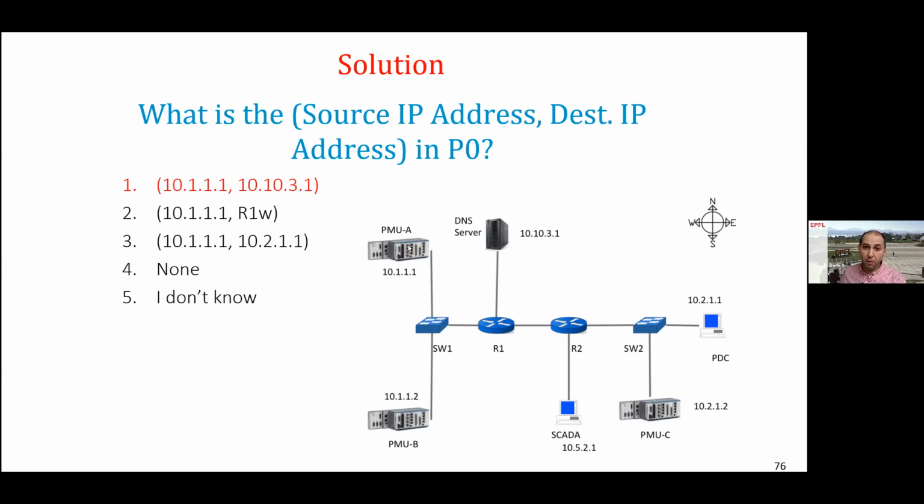Again, the end-to-end of the DNS request is PMU A and the DNS, so the message should carry the IP addresses of these two machines. It depends on the direction it's going.